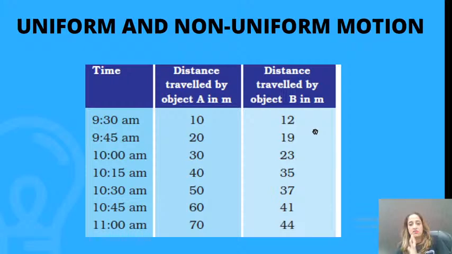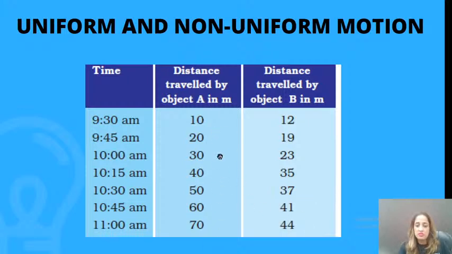Here is the distance traveled by an object B or a person B. From 9:30 to 9:45, in 15 minutes, covered 12 meters, 19 meters. In every interval of 15 minutes, this person is covering a different distance: 7 meters, 4 meters, 12 meters, 2 meters only, 4 meters and 3 meters.